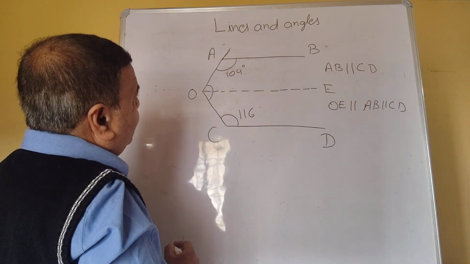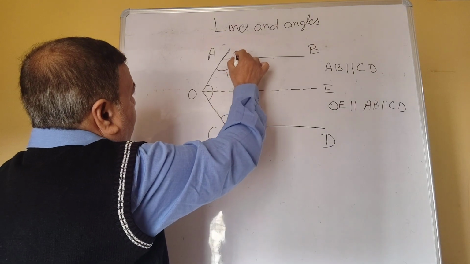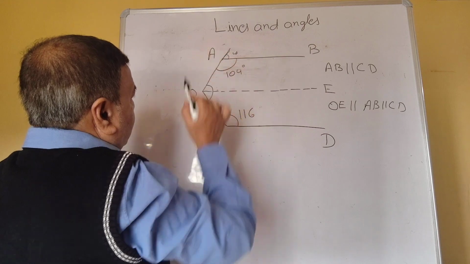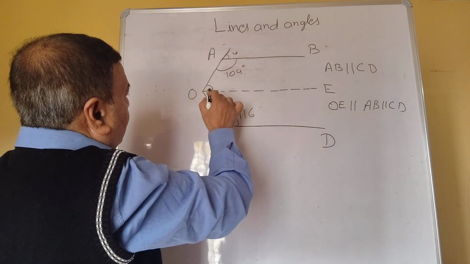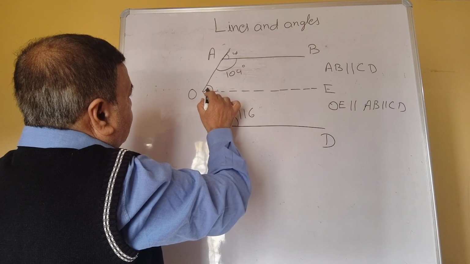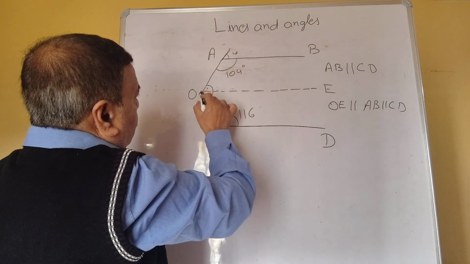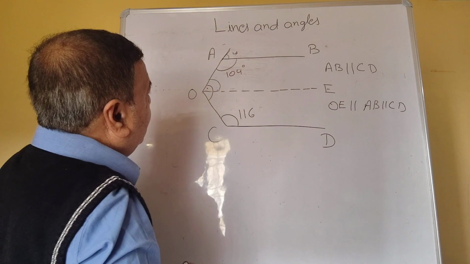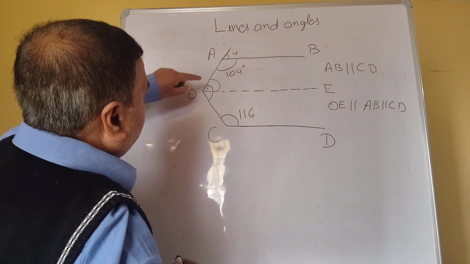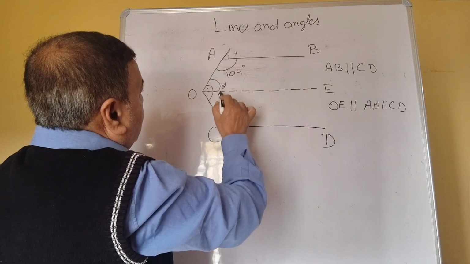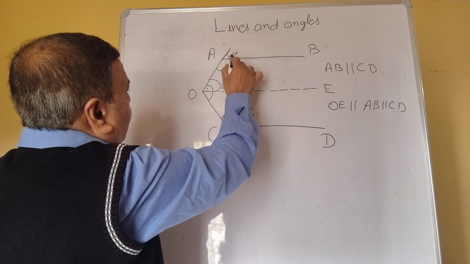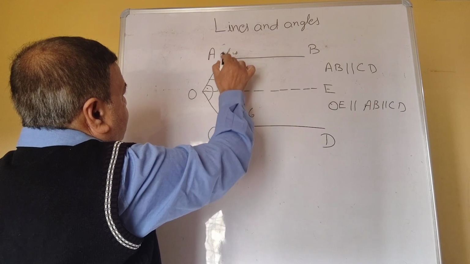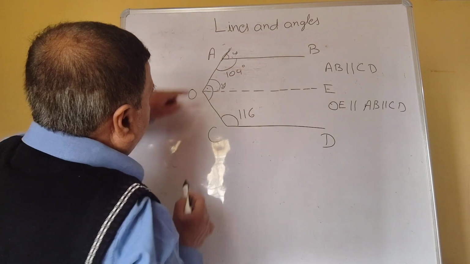Suppose this is Y. This angle is Y, and this angle and this angle are corresponding. So angle AOE and this angle are corresponding angles, so this is also equal to Y. Now if you add Y and 104, this is a straight line, so they are a linear pair.